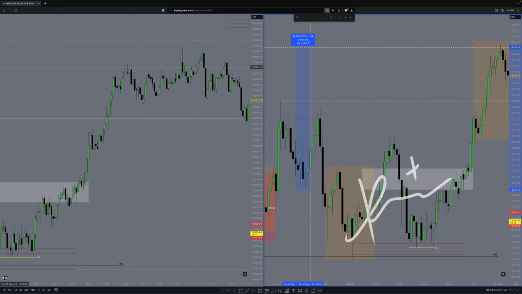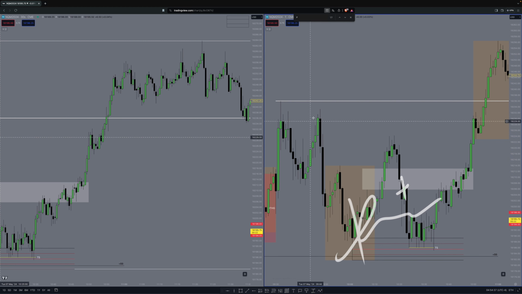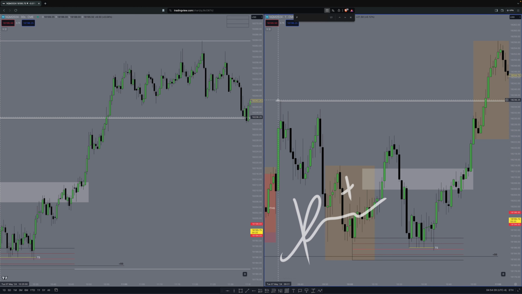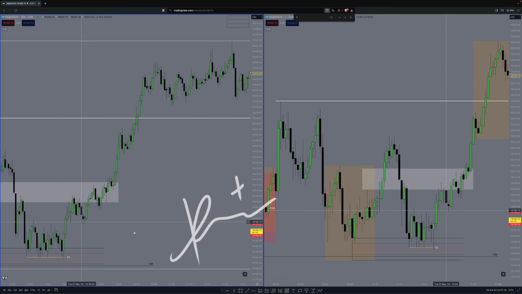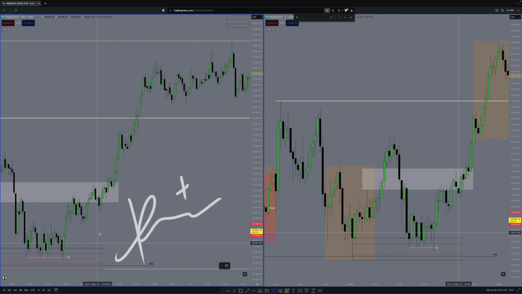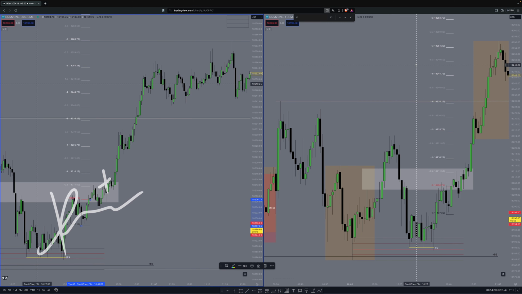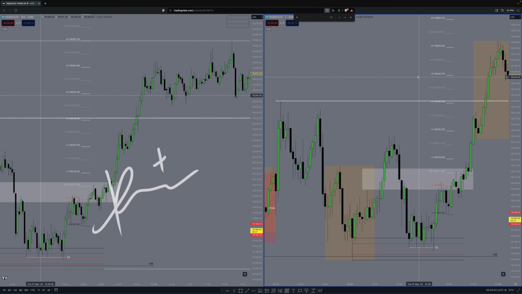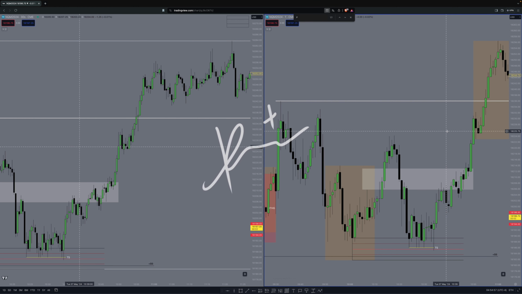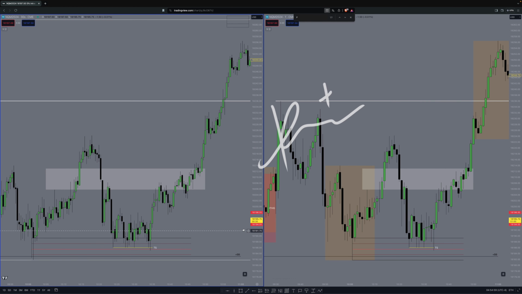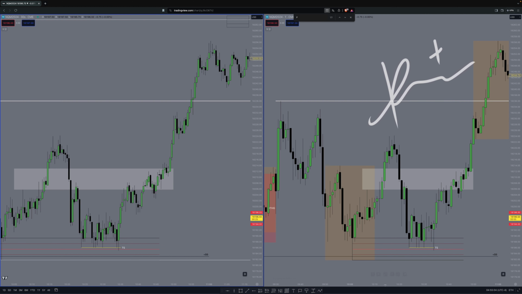Like 50 handles, and you know, it's decent, it's nice. I was aiming for this, even above it. I was aiming at the 4 standard deviation. So all my profit targets, all my sell limits would get hit. It would be a really nice trade. It would be a home run trade.